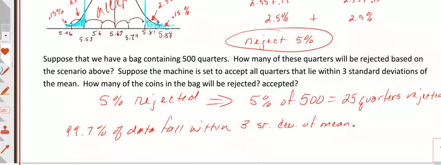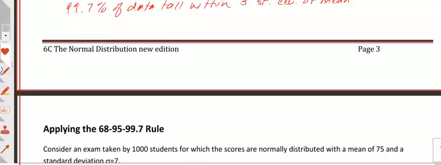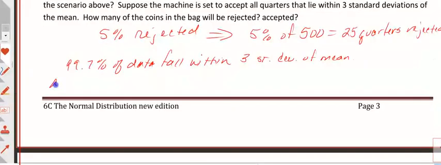So that means if I'm going to accept the coins that fall within 3 standard deviations of the mean, I'm going to accept 99.7%. What percentage will I reject? Well, it's going to be 0.3%.